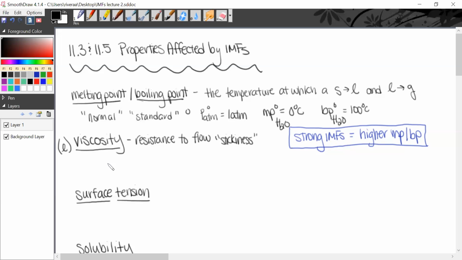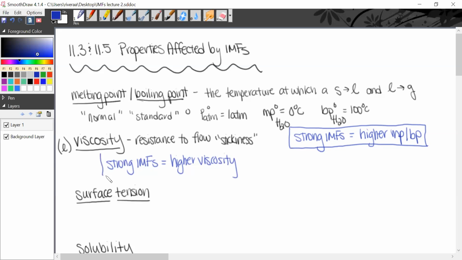Right? So something that is highly viscous would be like honey or molasses. Something with strong IMFs, something that really wants to be stuck together, is going to be highly viscous. Strong IMFs equals higher viscosity.